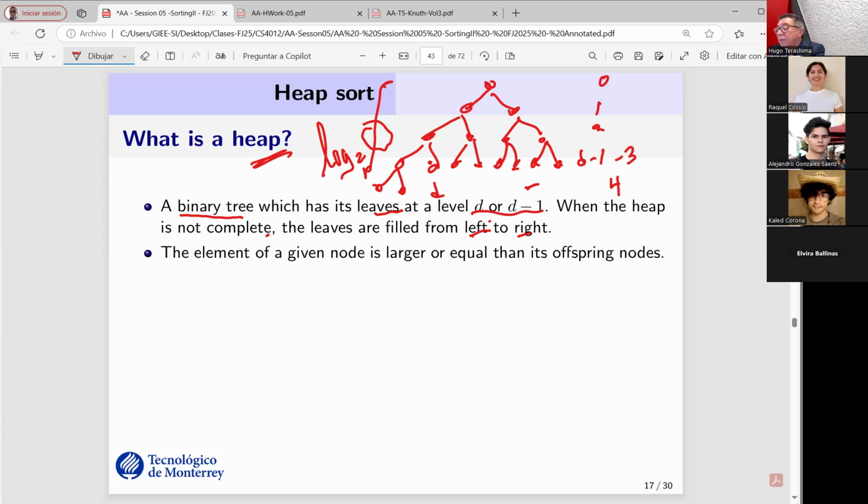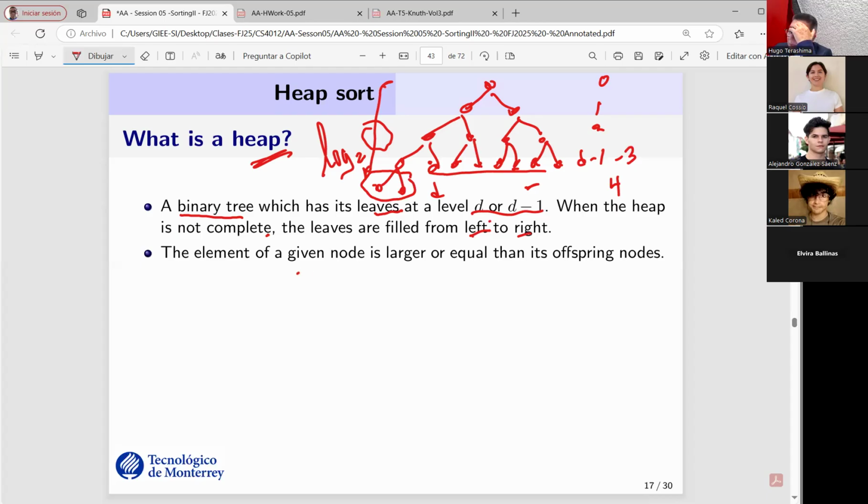0 is the root. When the heap is not complete, if it is complete, for example, you discard these two, you have a complete tree, and all the leaves are at the same level, the last level. If not, some leaves are going to be in the D minus 1 level and the others in the D level, right?